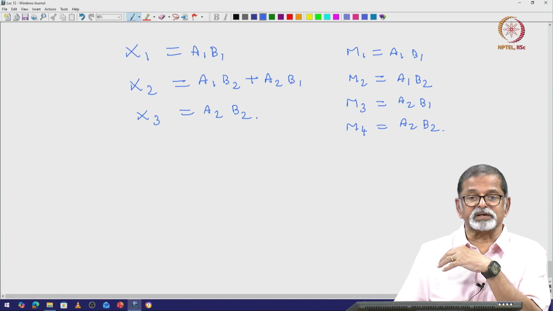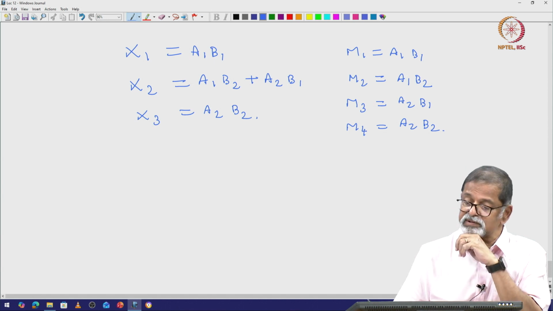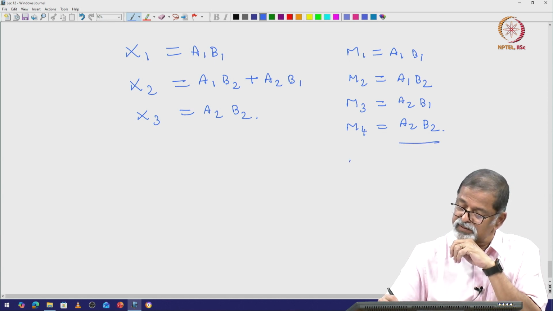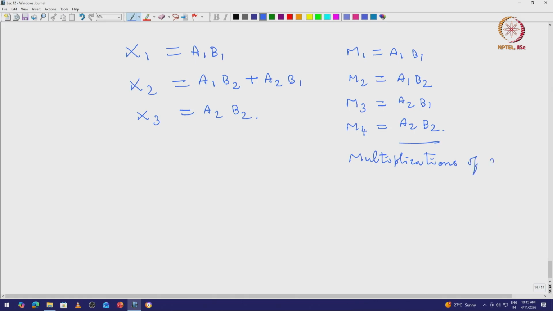These 4 multiplications are multiplications of 2 n by 2 bit numbers.